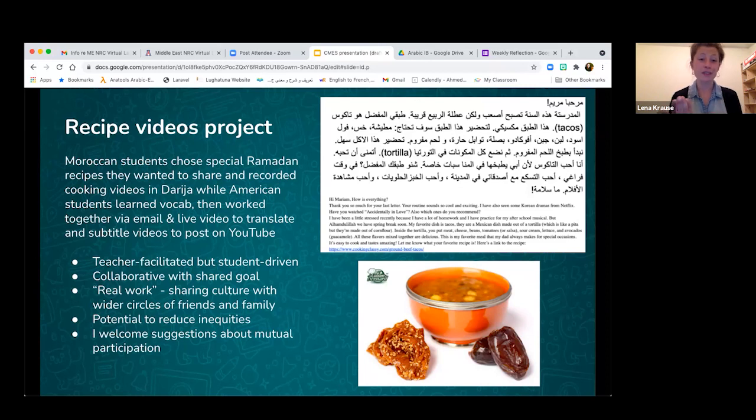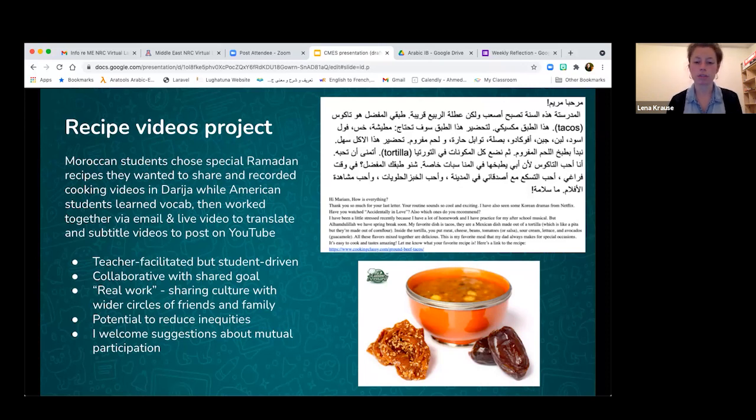I love that the first presentation tonight was about the benefits of collaborative work, because that was the goal. If these students have a shared goal and they're creating a product together, and I can't provide results on this yet, ideally, the belief is that the outcome, the cultural connection in any case, will be much stronger.